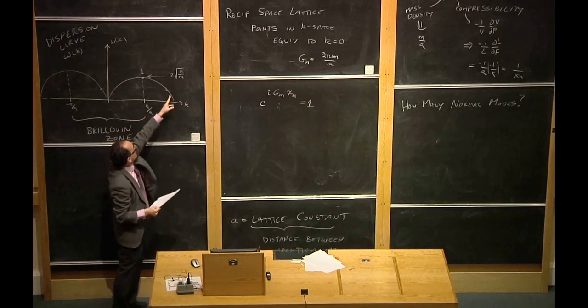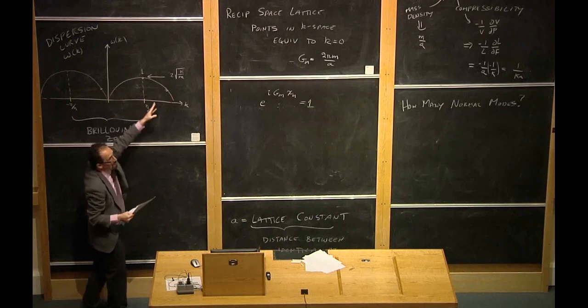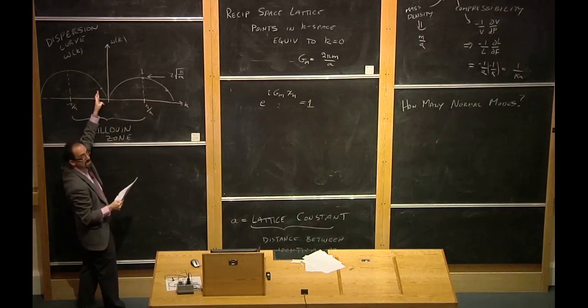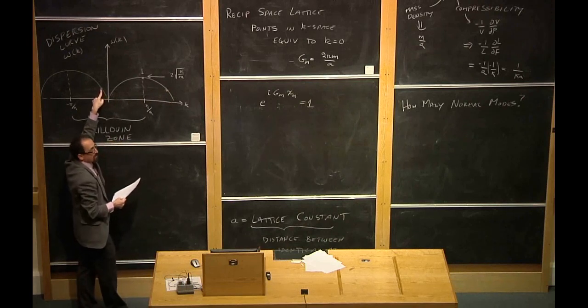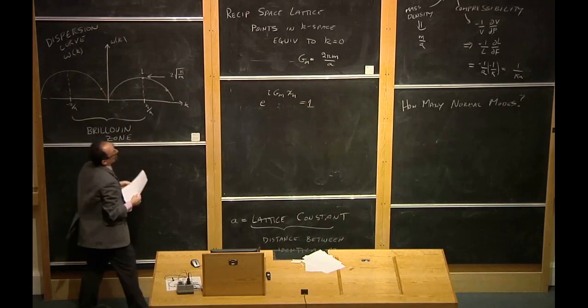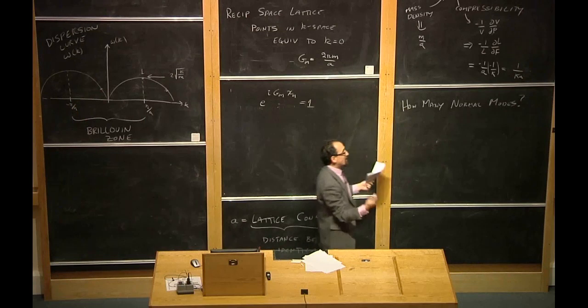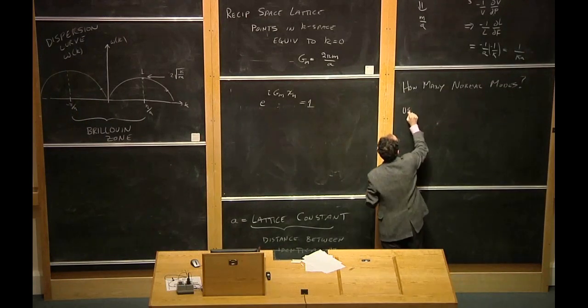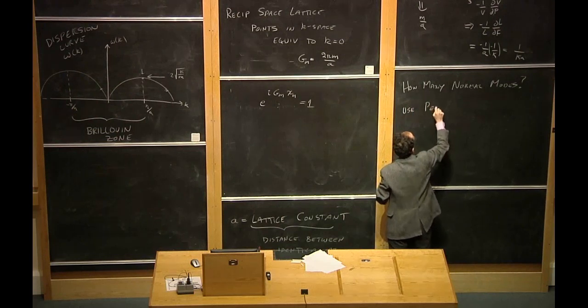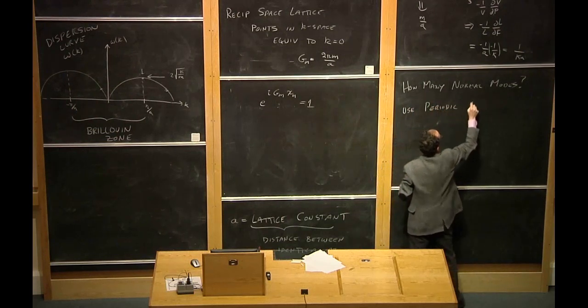If we go outside the Brillouin zone, we're describing something that's equivalent to another point inside the Brillouin zone. If we pick this point here, for example, it's equivalent to this point here. So we have to figure out how many modes there are within the Brillouin zone. So we'll do the usual thing: use periodic boundary conditions.